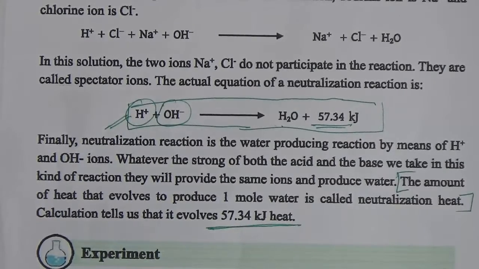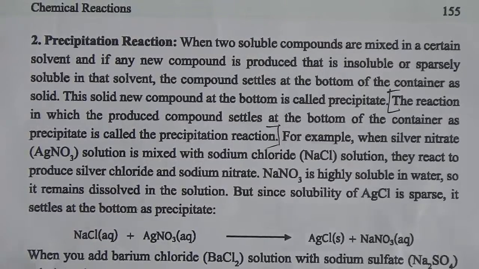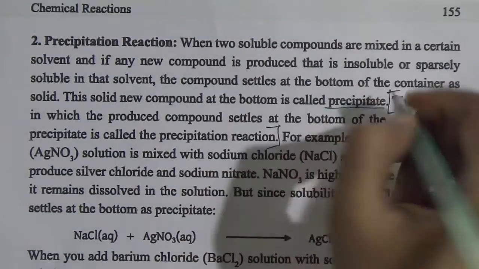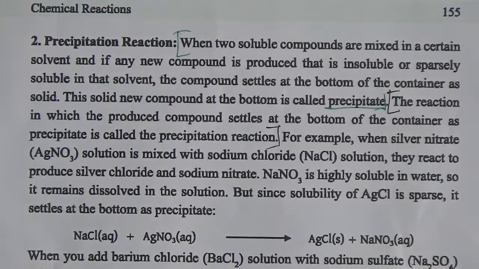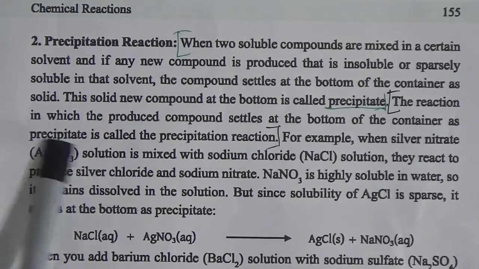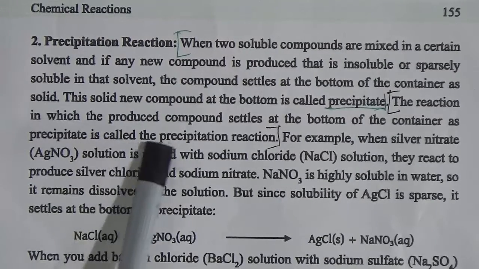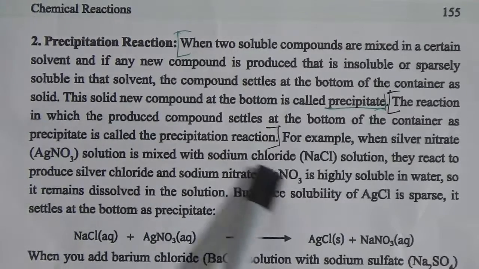This solid new compound at the bottom is called the precipitate. That is the definition of precipitate. And the reaction in which the produced compound settles at the bottom of the container as precipitate is called the precipitation reaction.